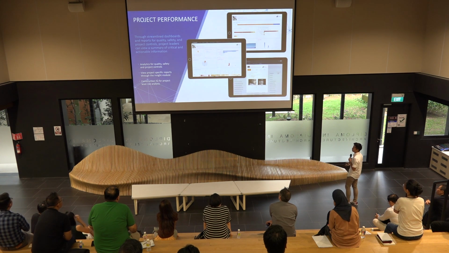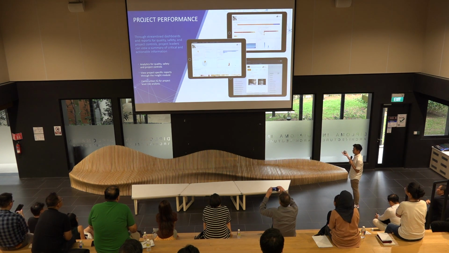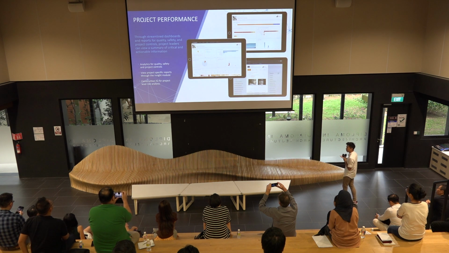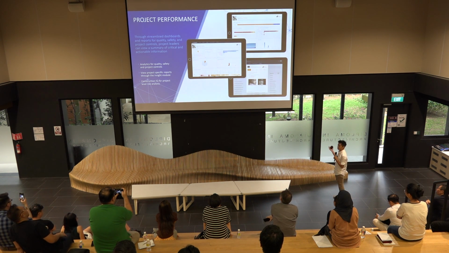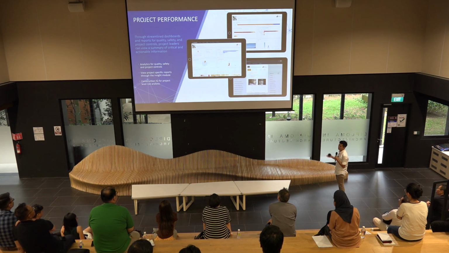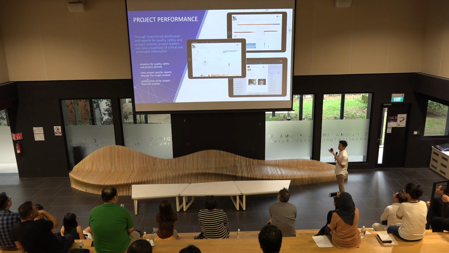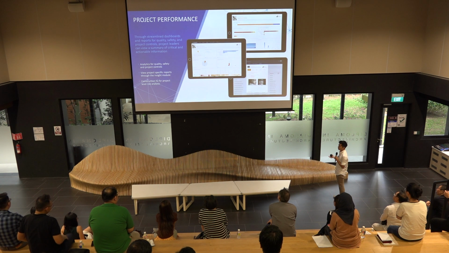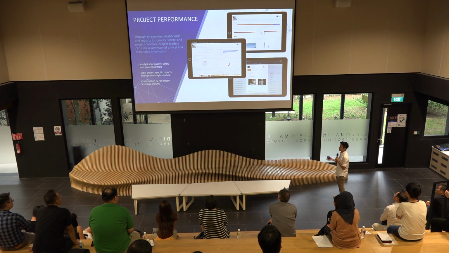Now, at the same time, project performance is visible for everyone. So everyone will know what is going on site, who is performing, who is not performing, who is delaying the project. If I raise any issue or safety issue on site, who is responding to that, who is the responsible person. So everything is visible.